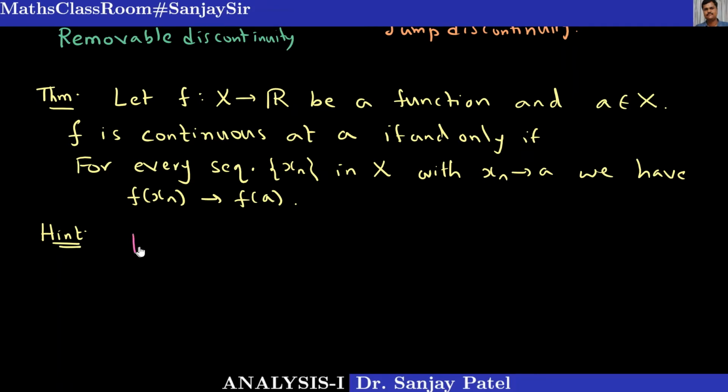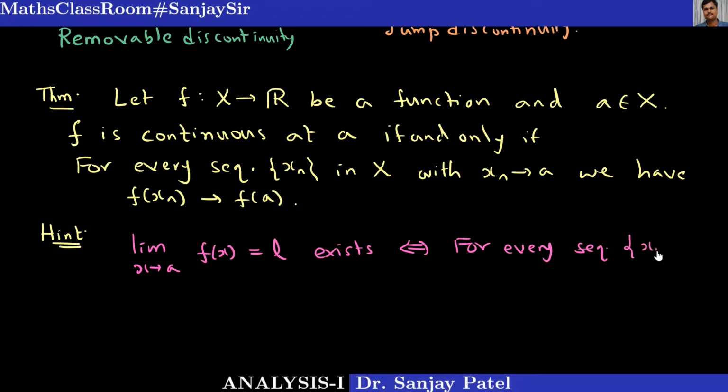If you remember, we have proved that limit x tends to a, f(x) equal to L exists if and only if for every sequence xn in X with xn not equal to a, whenever xn converges to a implies f(xn) converges to L. So we just have to put L equal to f(a) in this, and the theorem will be proved, because f is continuous at a means limit x tends to a, f(x) is equal to f(a).